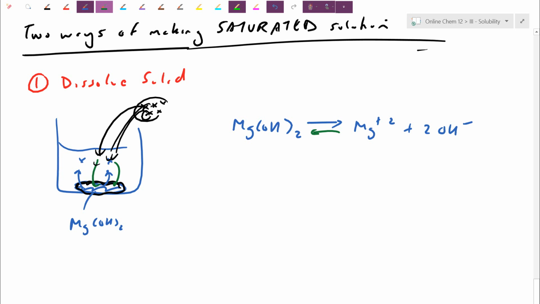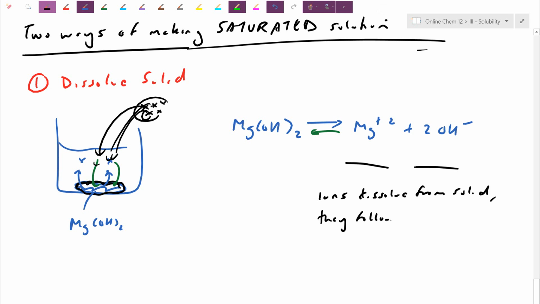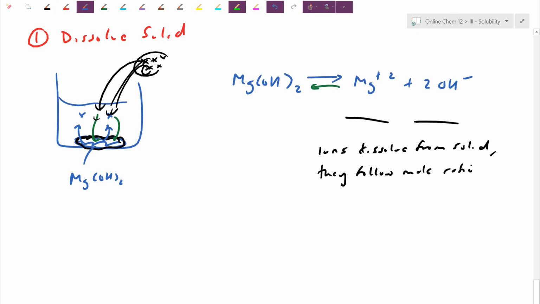All right? So when you dissolve the solid, because the ions dissolve from the solid, they will follow the mole ratio. They're going to obey the mole ratio. We're going to do a problem with this in a second here. If I have an X of magnesium hydroxide I can dissolve before I hit the saturation limit here, following the mole ratio, it's a 1:1 ratio with magnesium, 1:2 ratio with hydroxide.